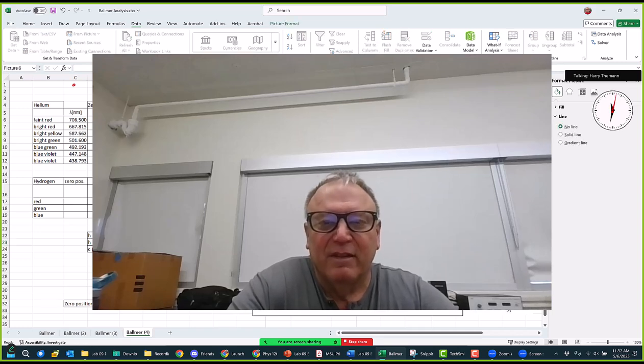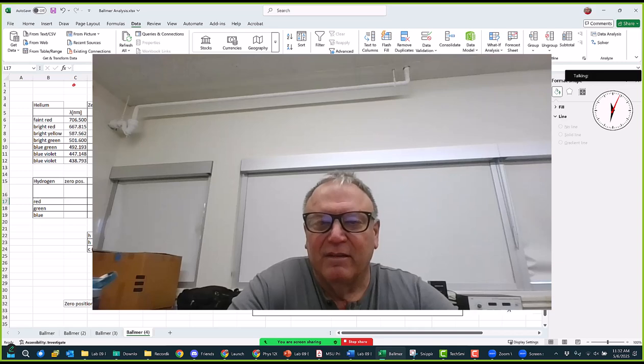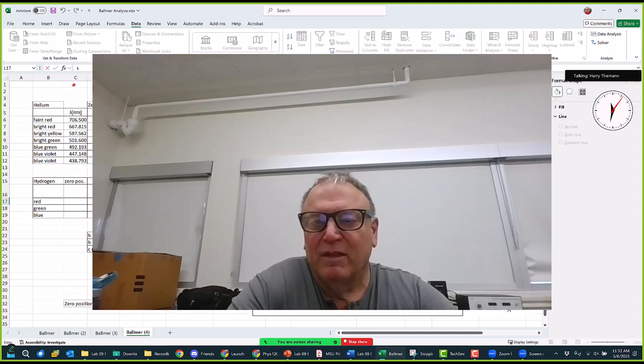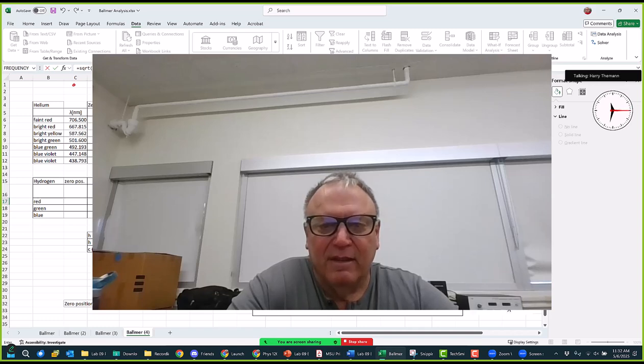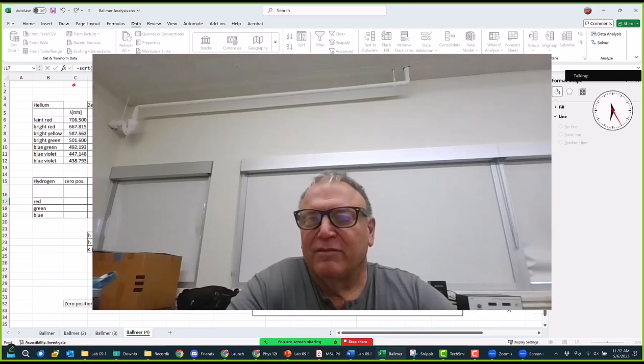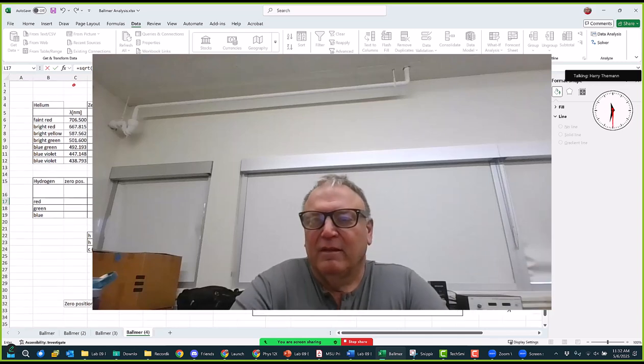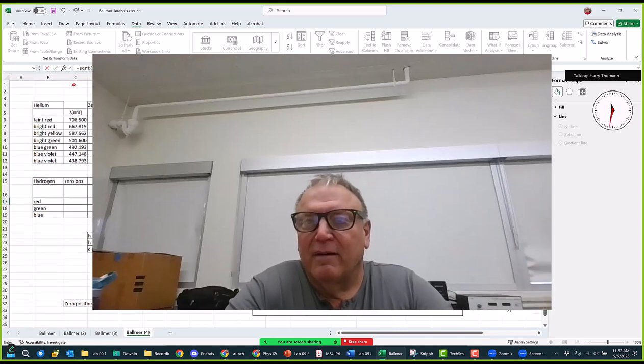So lambda equals, no, I forgot to put the equal sign. Equals SQRT, open parentheses, and I'm going to do another one because I'm going to do the n minus a. And so n minus, and then that's the slope, and it's hidden behind my graph here.